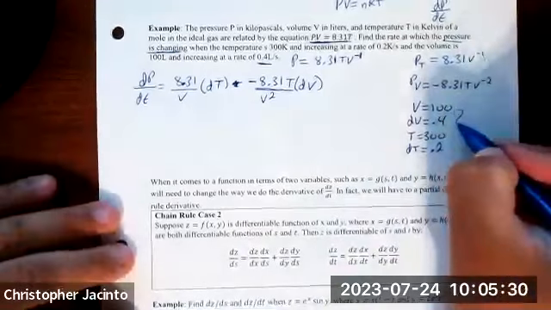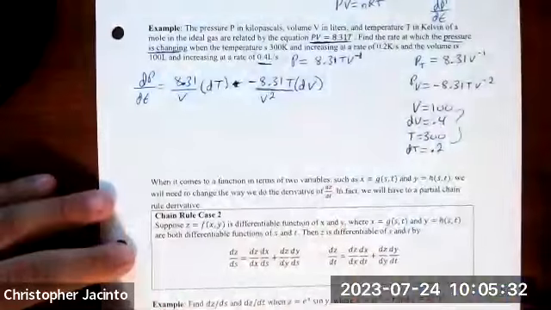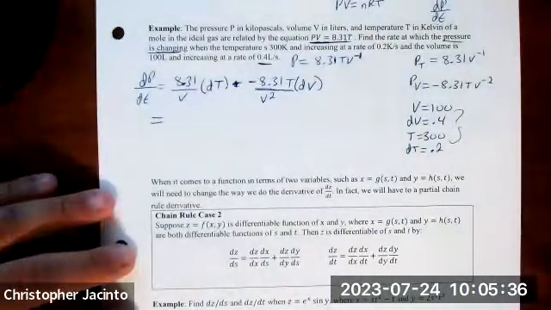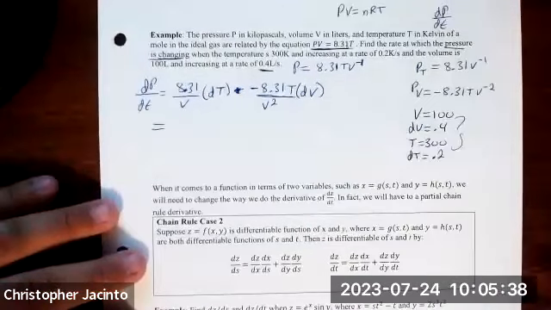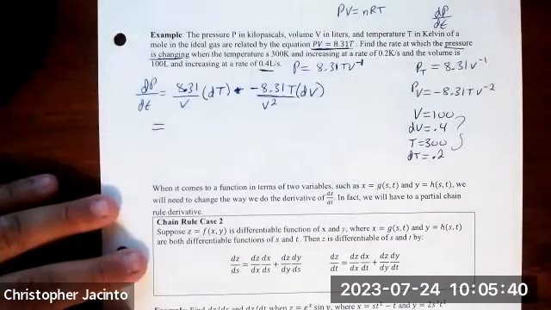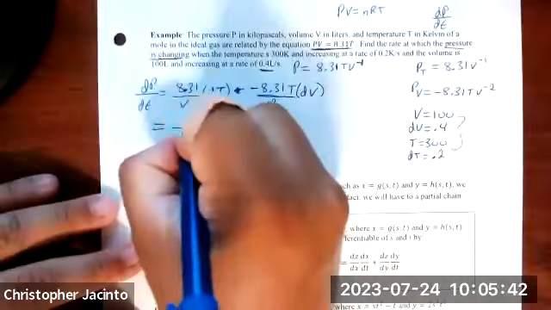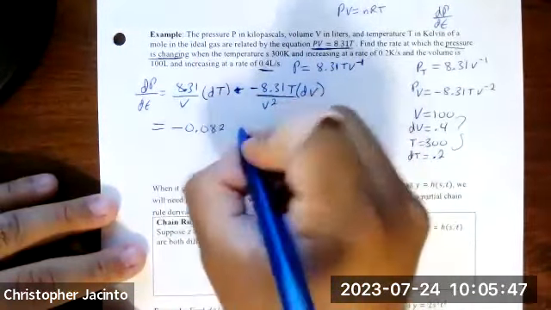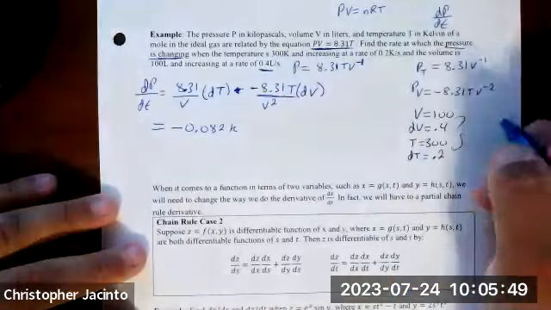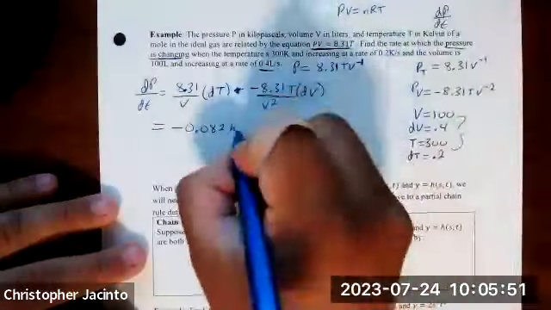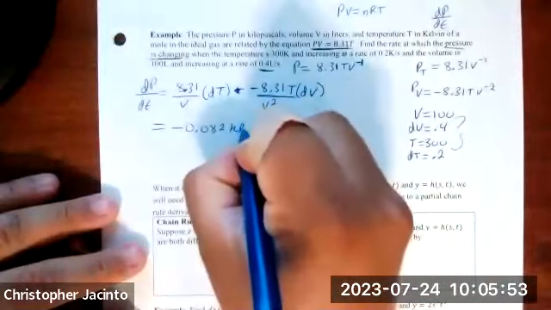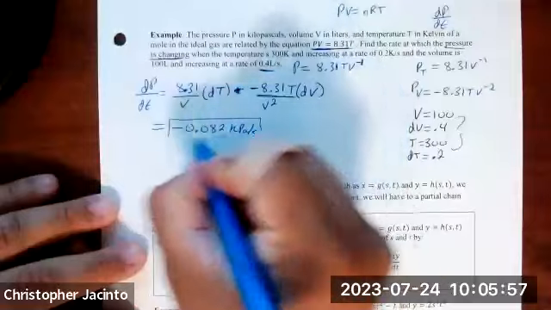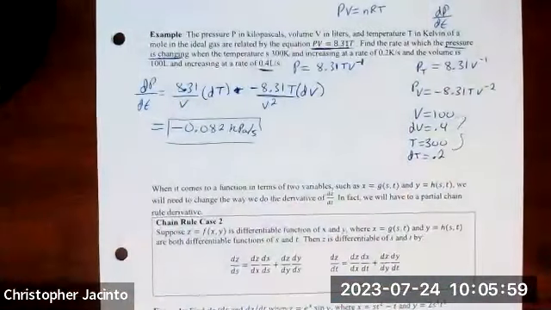So now just plugging in these four values into our equation and slowly breaking it down, we can find the change of the pressure with respect to time, and it's actually decreasing. It's in kilopascals, I believe. Yeah, kilopascals. It was decreasing, which is good.